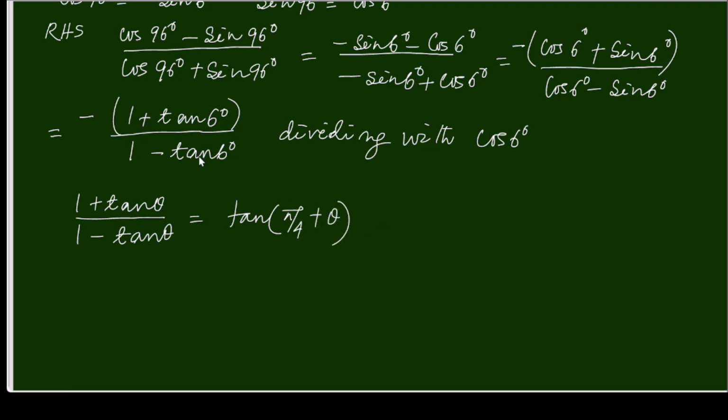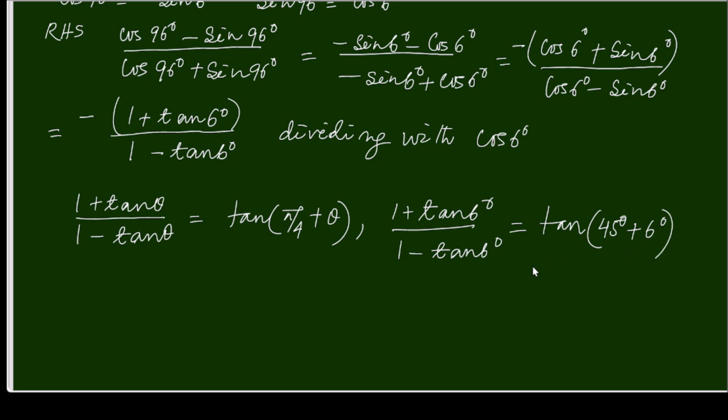So here 1 plus tan 6 degree over 1 minus tan 6 degree equals tan 45 plus 6 degree. That will be tan 51 degree.